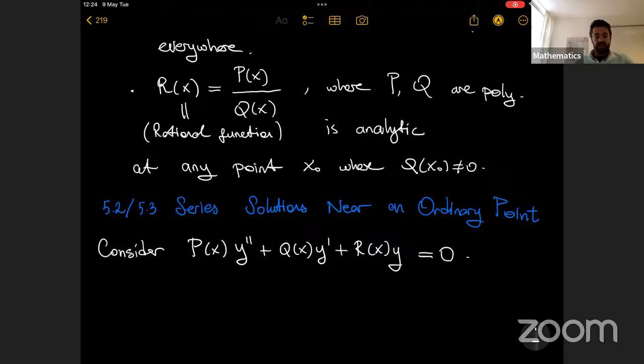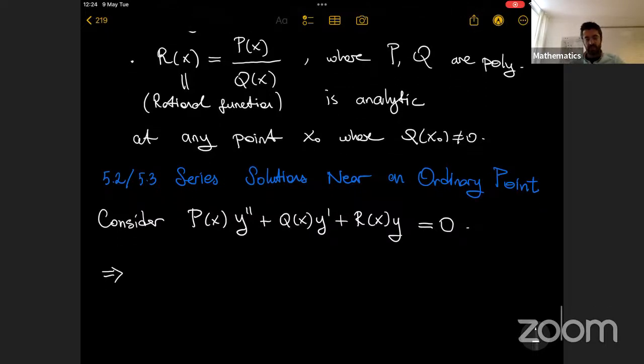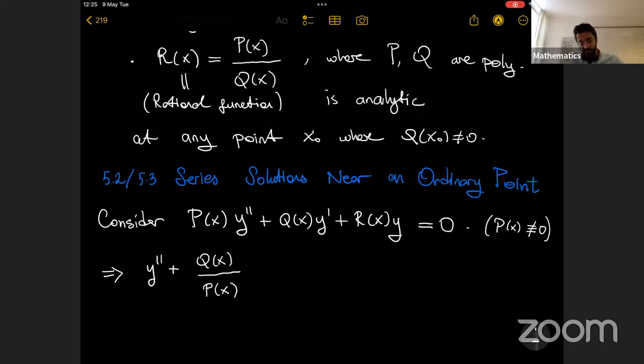I can rewrite this as the following. If P is not identically 0, so we can assume that P is not identically 0, okay? It can be 0 at some points, but it's not all 0. In that case, we can write this as y double prime plus Q(x) over P(x) y prime plus R(x) over P(x) y is equal to 0.